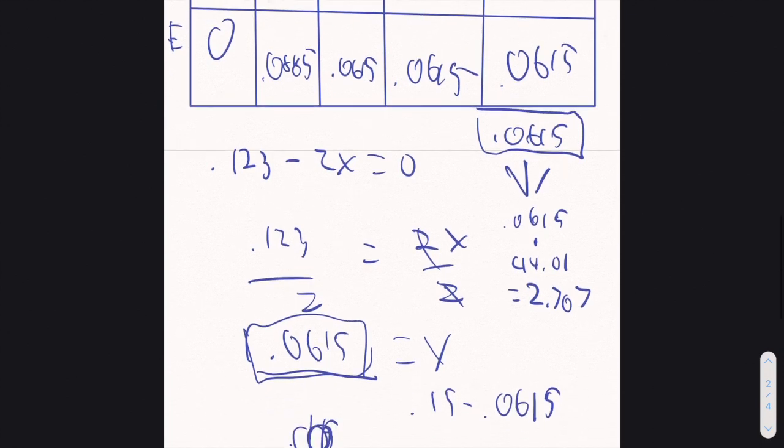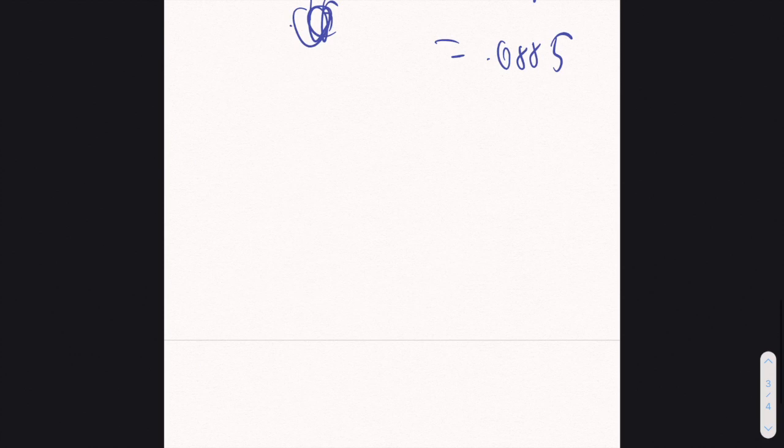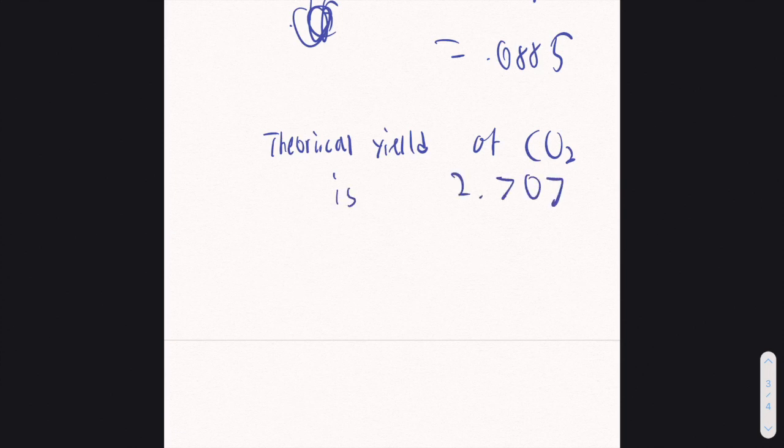So this is how much yield there is. So in the end, we can just write the answer as theoretical yield of CO2 is 2.707 grams of CO2. That's it. Thank you.